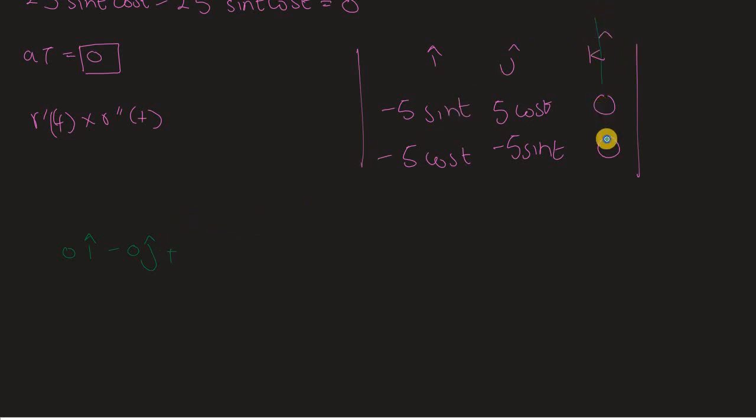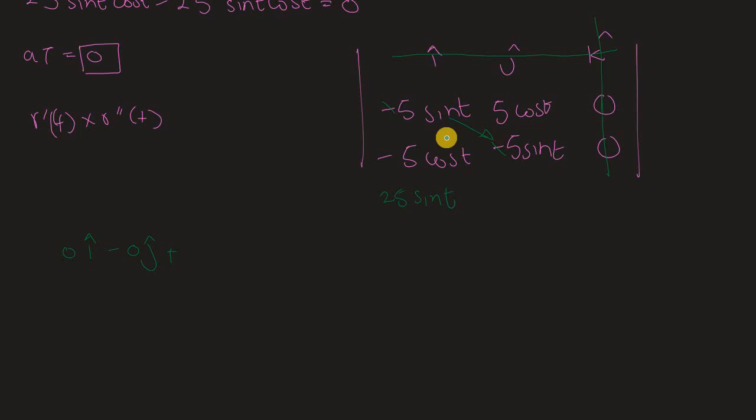Now for the k hat, crossing out the column and row with the k hat, we cross multiply this times this, which is 5 sine t times negative 5 sine t, so the negatives cancel out, giving us 25 sine squared t.